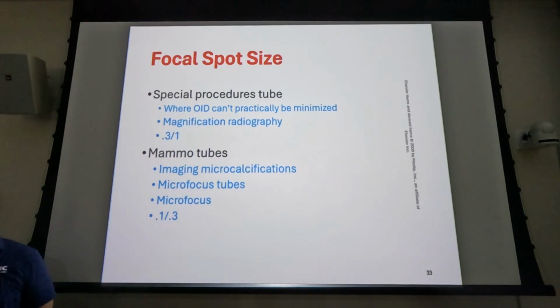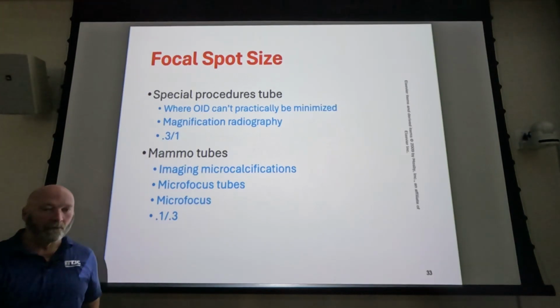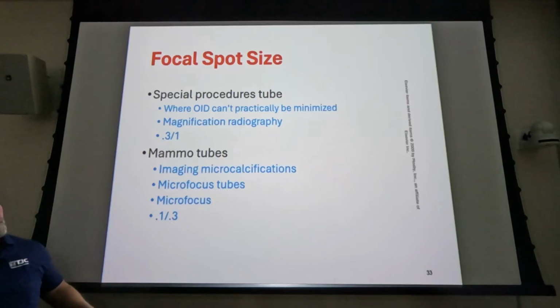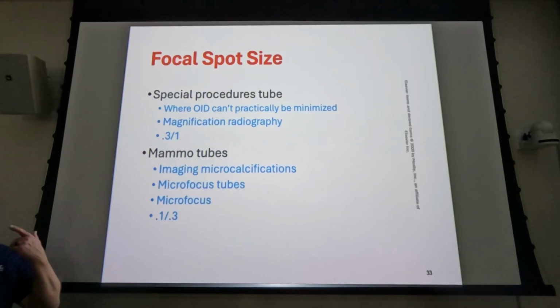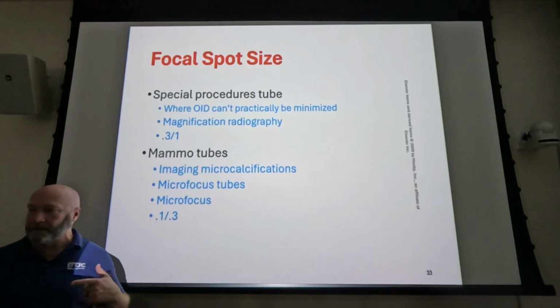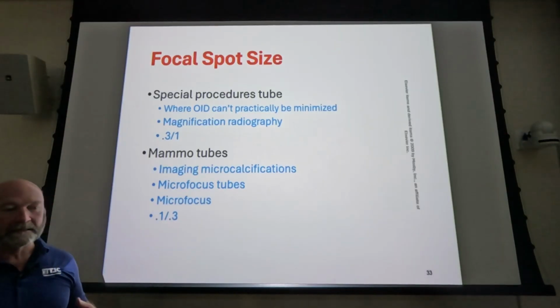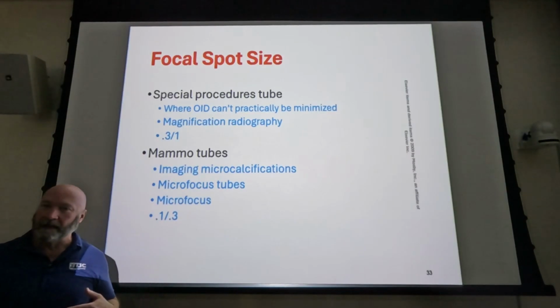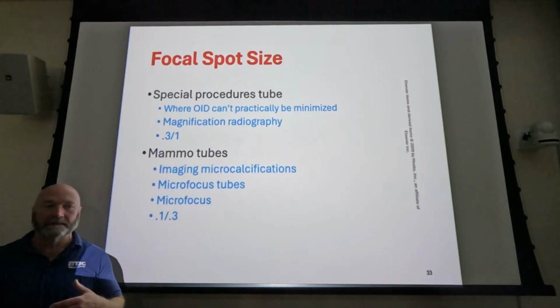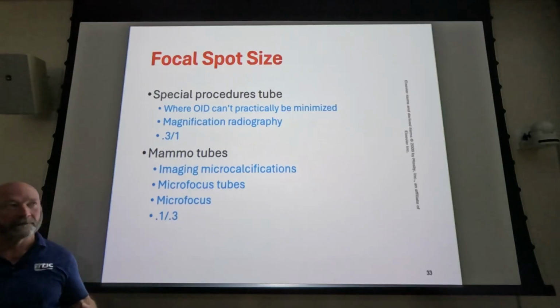The answer is yes. So that was a long walk to get to this. Because of the inherent loss of sharpness of recorded detail, file the word macro radiography away in your mind. That's an intentional increase in OID without an increase in SID to give you a magnified image.